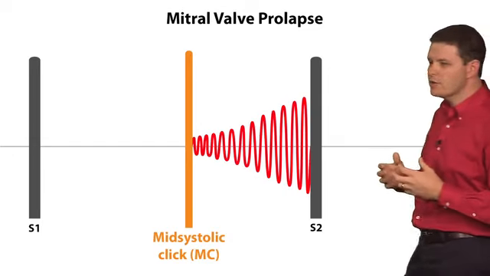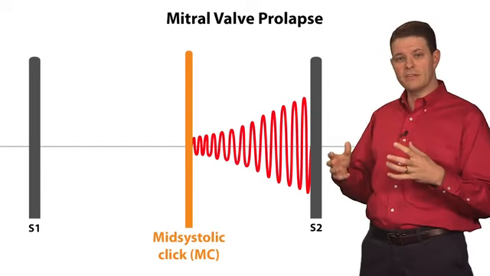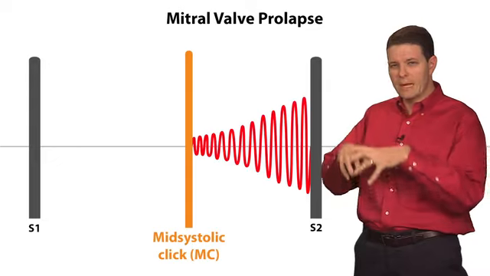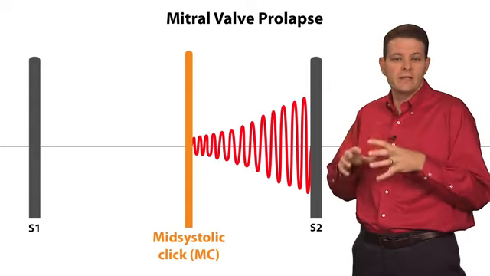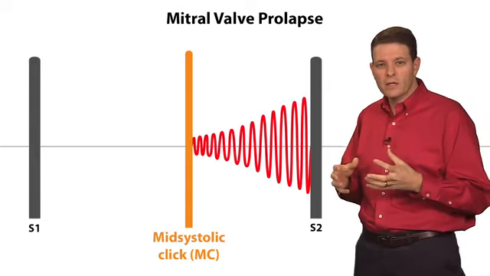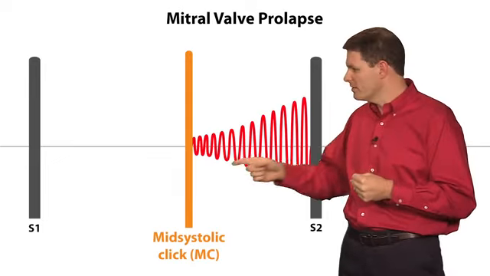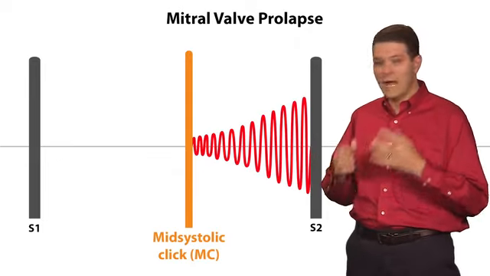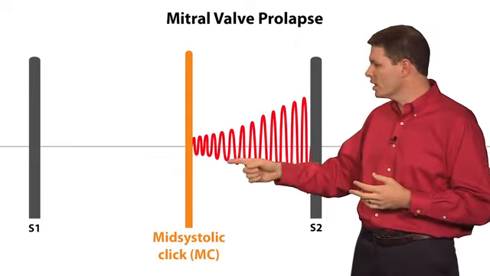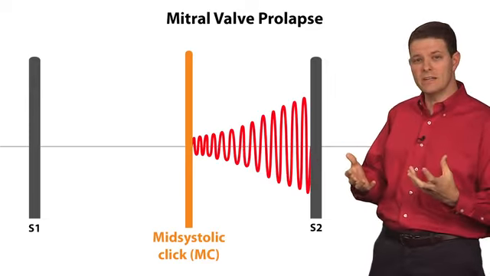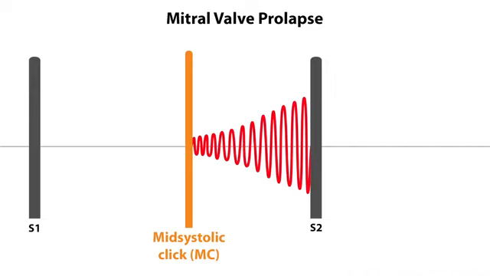During systole, the mitral valve is closed, but it's prolapsing back into the left atrium, expanding, expanding, expanding, and then when the chordae tendineae reach their endpoint, they sort of catch abruptly, and you can hear this mid-systolic click. And then after the click, you may hear a systolic crescendo murmur that increases in intensity as you approach S2.